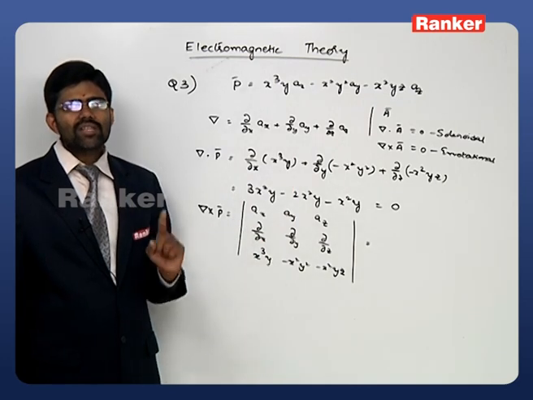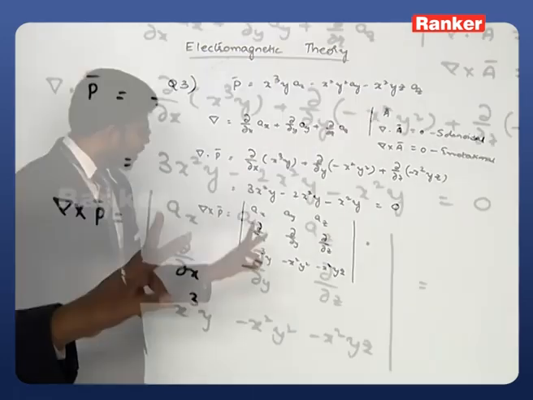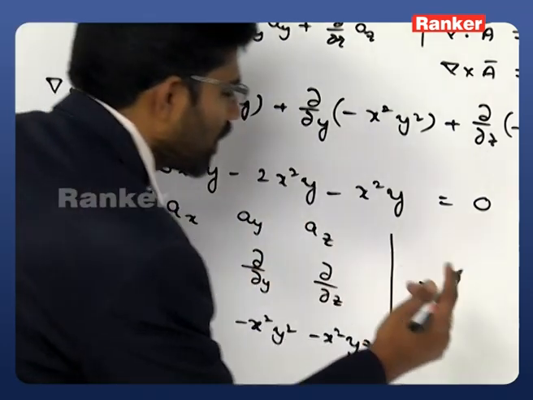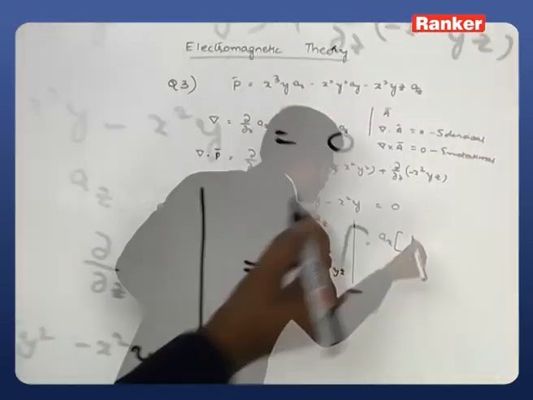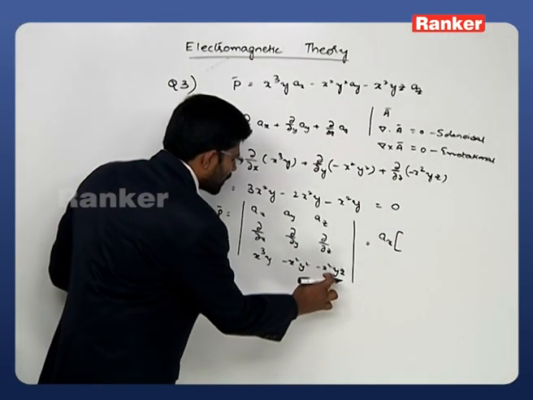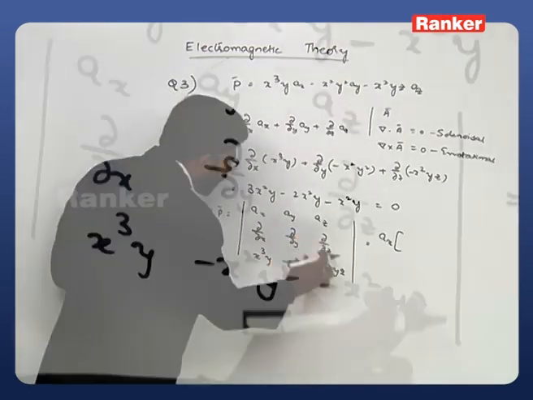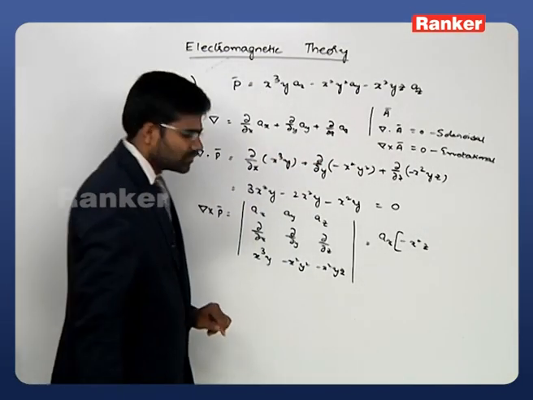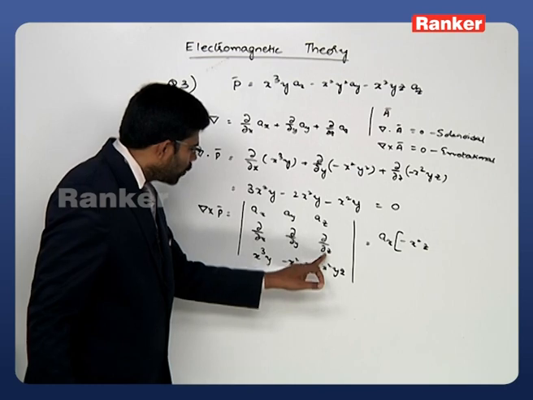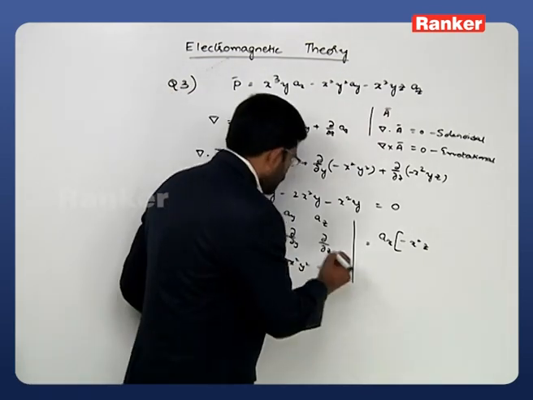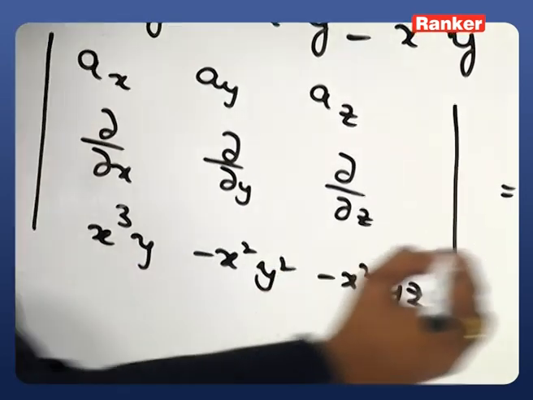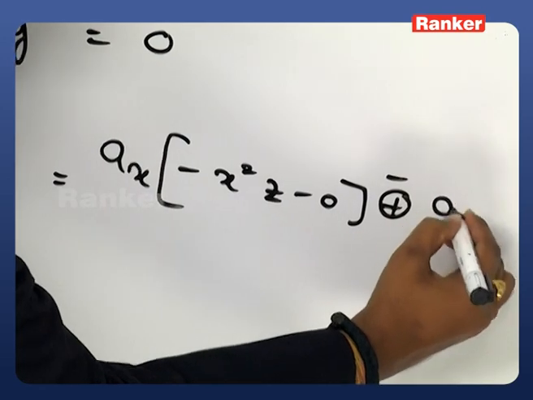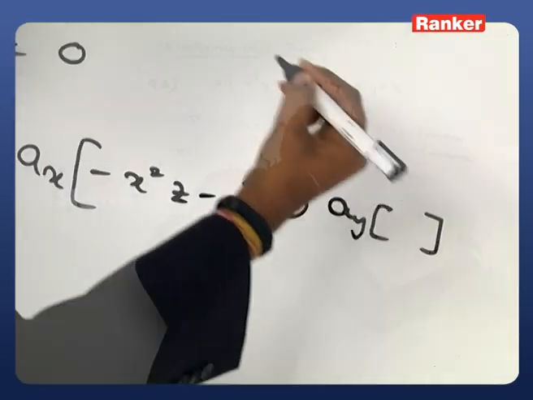So I will examine one or two terms, in terms of x, y or z. Consider the first one, the x component, Ax times ∂/∂y of minus x square yz. ∂/∂y of minus x square yz is just minus x square z. And ∂/∂z of minus x square y square, since the differentiation is with respect to z, we get 0. Then minus Ay, you may get something.